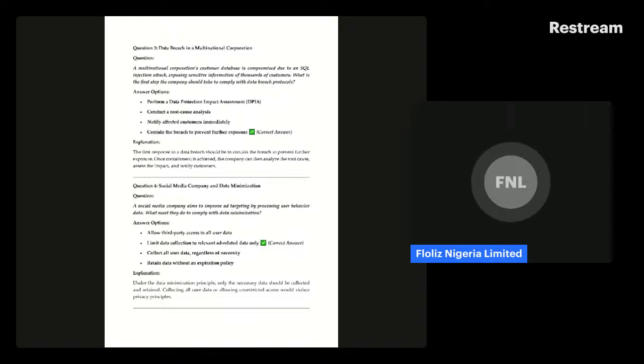And if you look at the options, it says allow third-party access to all user data, which will contravene the minimization principle. If you look at option 2, it says limit data collection to relevant ad-related data only, which is the answer. The other option says collect all user data regardless of necessity. That cannot be the answer. And retain data without an expiration policy is also not the answer.